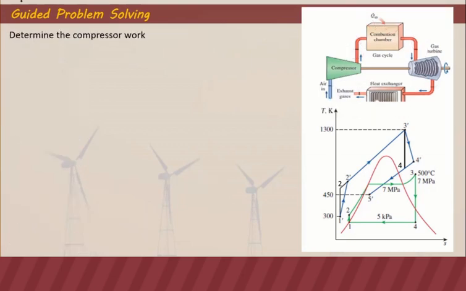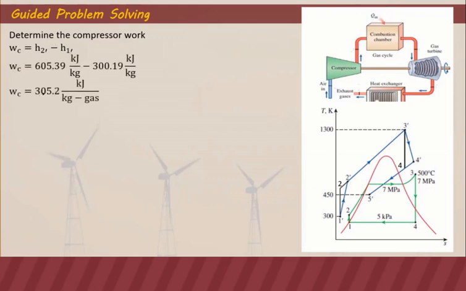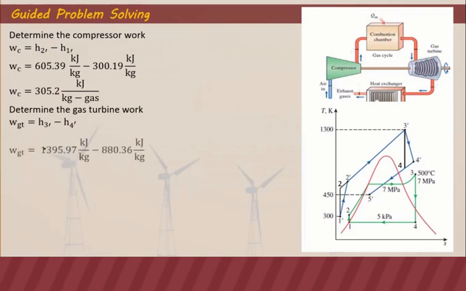The compressor work of the gas cycle equals the difference of the enthalpies here, H2 prime minus H1 prime, and that is 305.2 kilojoules per kilogram gas. For the gas turbine work, that is H3 prime minus H4 prime, the expansion here.